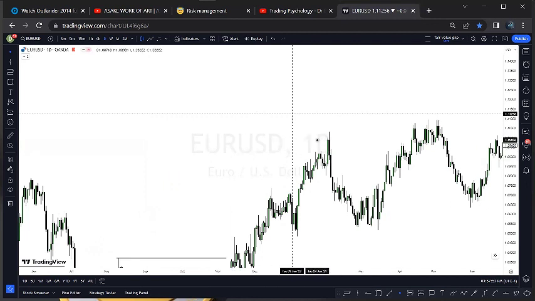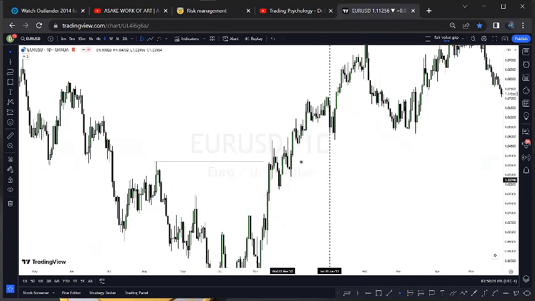Now, remember I told you that we have the breaker for continuation and we have the breaker for reversal. We have external liquidity and we have internal liquidity. External liquidities are your highs and your lows. The fair value gap, rejection block, order block, mitigation block, and others are your internal liquidity because they are inside the highs and the lows.